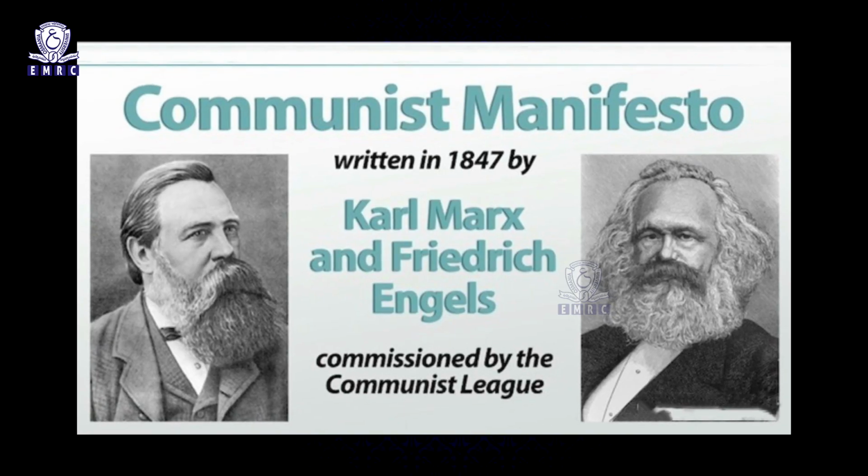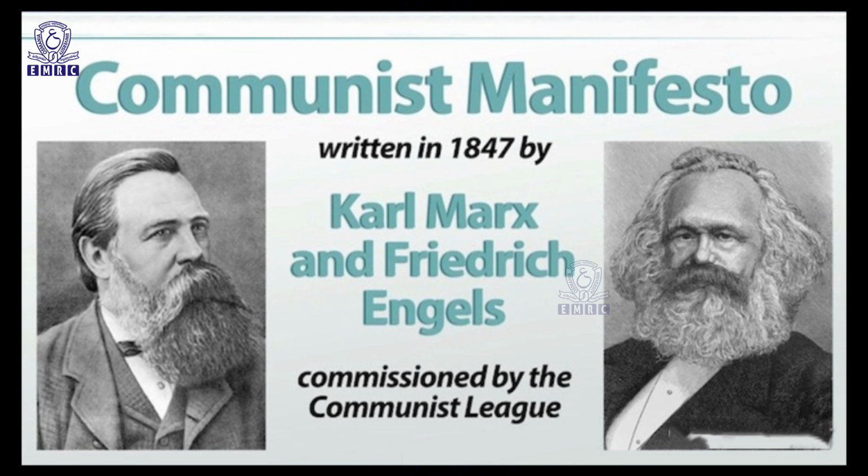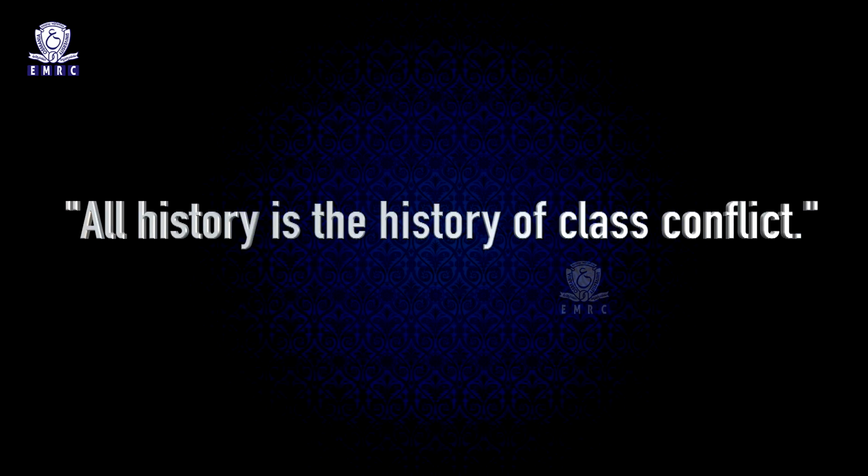The most famous and influential of the conflict theories is the one put forward by Karl Marx, who along with Engels wrote in the Communist Manifesto that all history is the history of class conflict. Individuals and groups with opposing interests are bound to be at conflict.